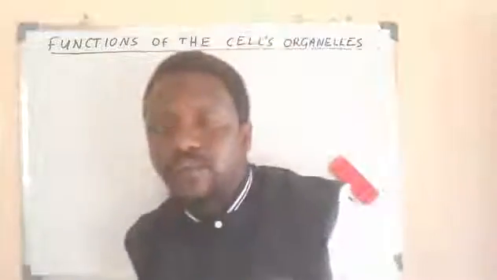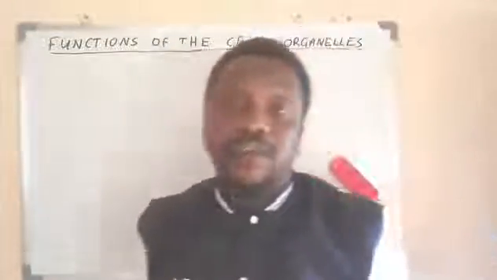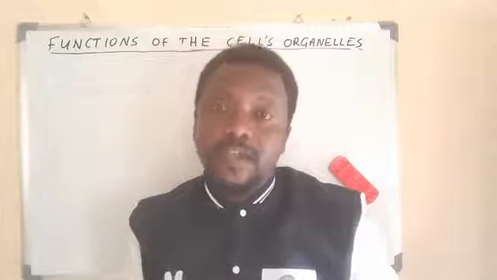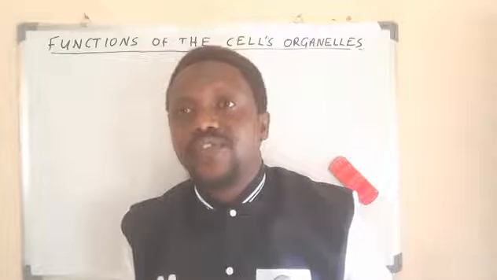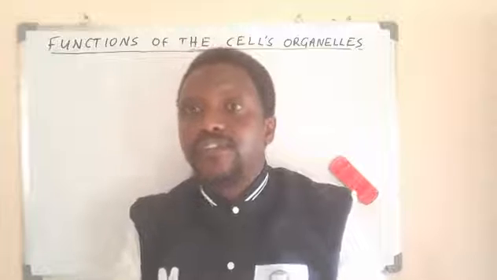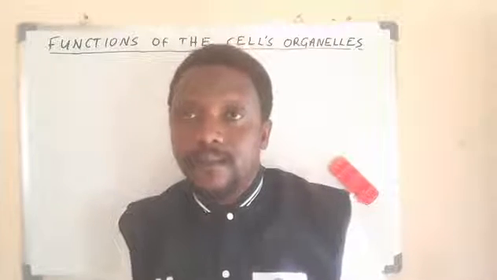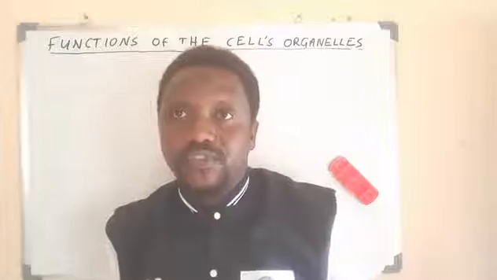It's very important for you to understand that the production of energy in the cell takes place not only inside the mitochondrion but inside the cytoplasm too. So there are two important processes.